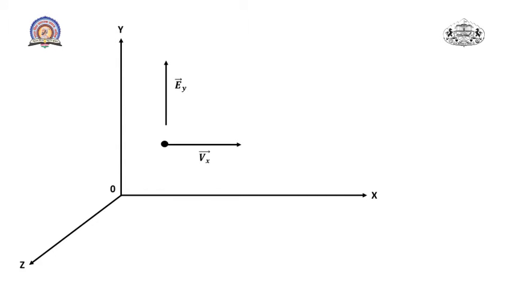This is the difference between the parallel and perpendicular electric field. In the previous case, the velocity of the charged particle along the x direction changed with respect to time when it entered the electric field region, whereas in the perpendicular electric field case the velocity along the x direction is not changing with respect to time. So this is the difference between these two techniques.